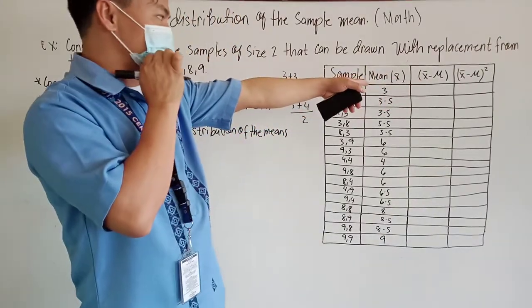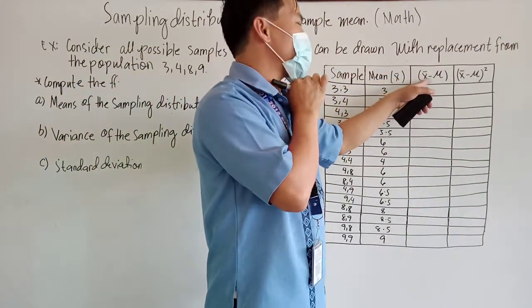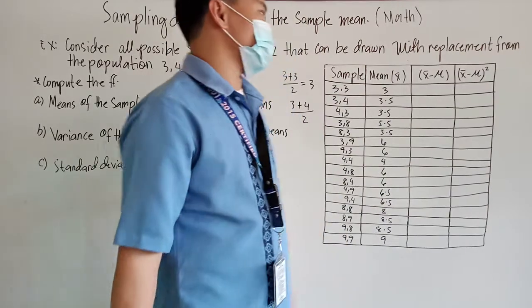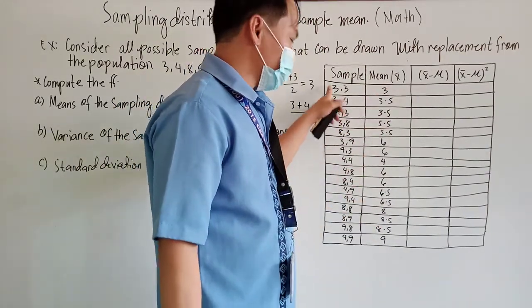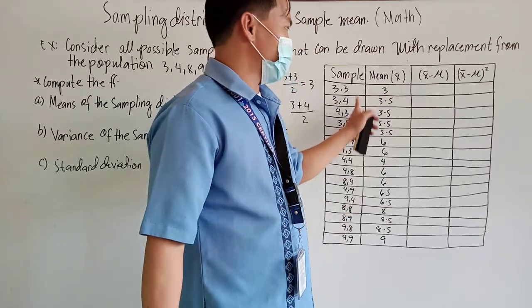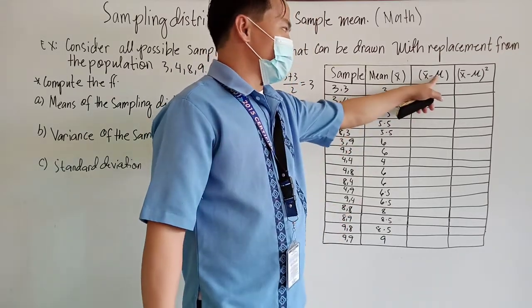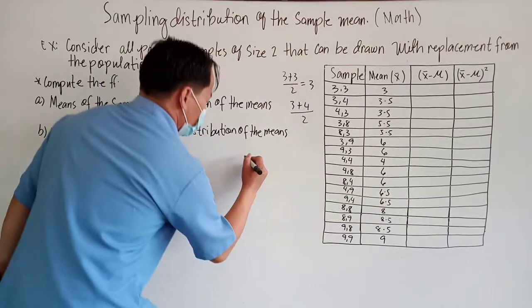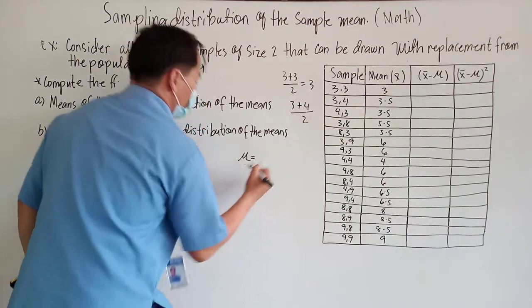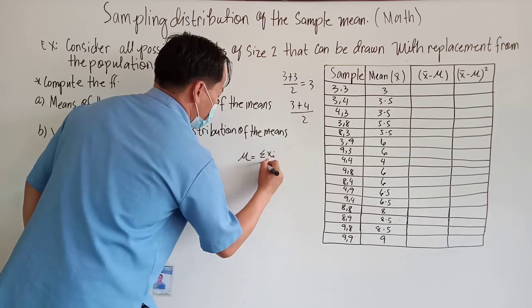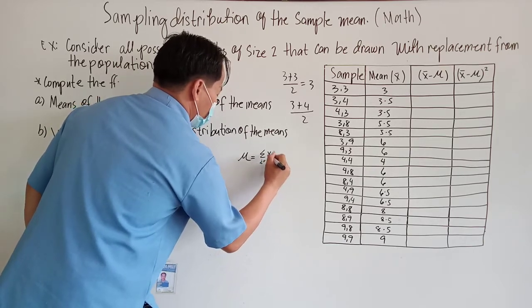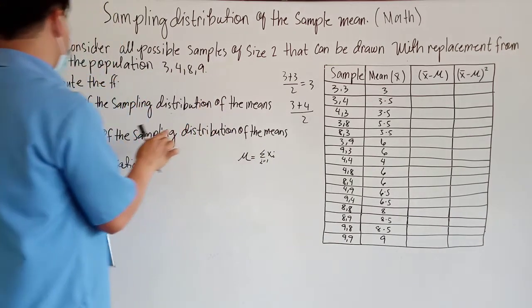Next that we are going to do is find x bar minus the population mean. X bar refers to the mean of each individual sample. We can compute the population mean using the formula: summation of x sub i, where i goes from 1 to n, over n.